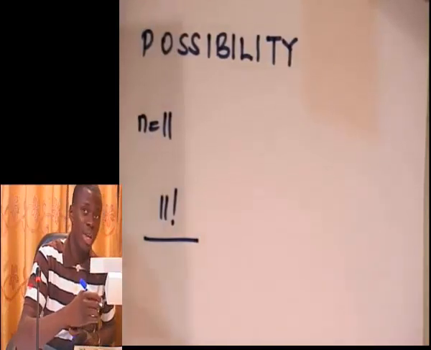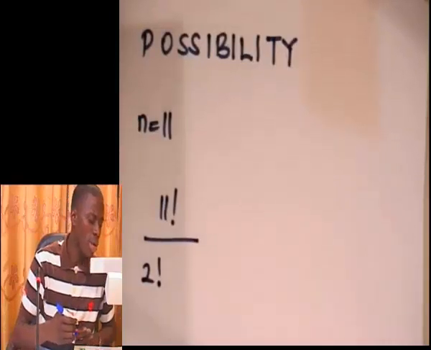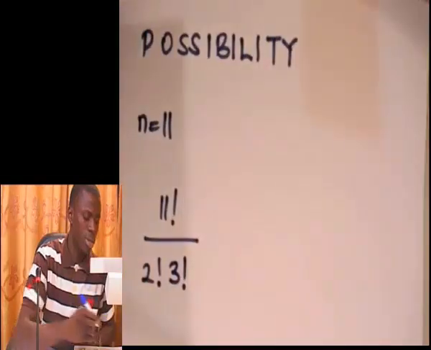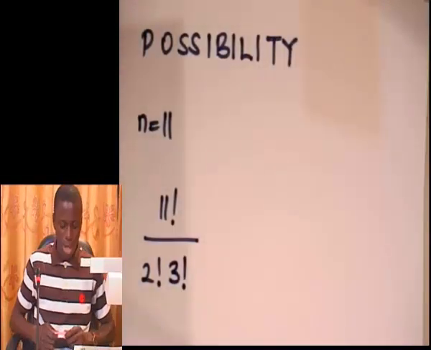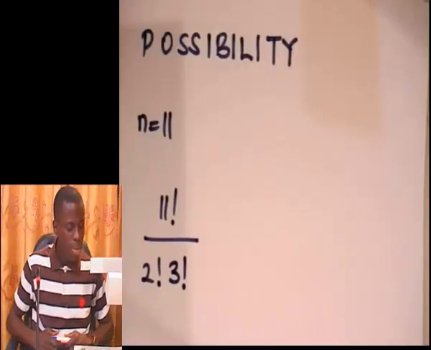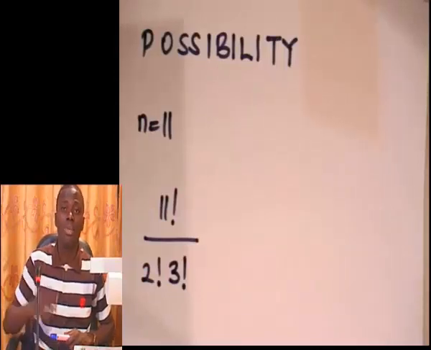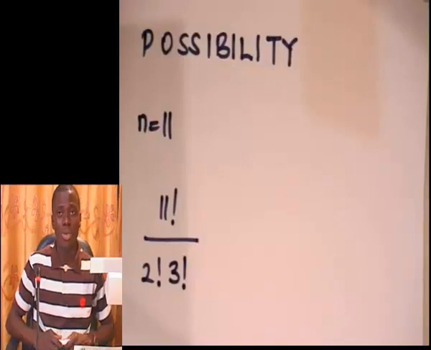We have 2 of one letter, so we divide by 2 factorial. Which one repeats again? That is I. We have 3 I's. Do you have any other letter repeating? That's all. So the number of arrangements of the 11 letters in the word possibility is 11 factorial over 2 factorial times 3 factorial.